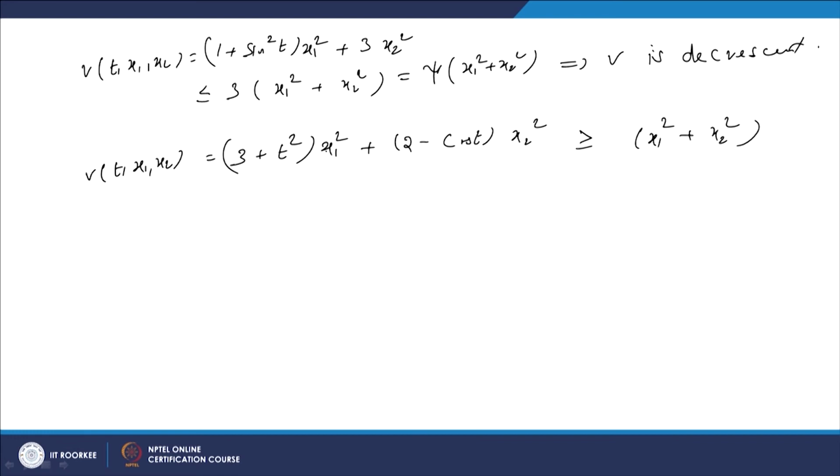So, both of them are greater than or equal to x1 squared plus x2 squared. This is the function phi. So, this implies positive definite.